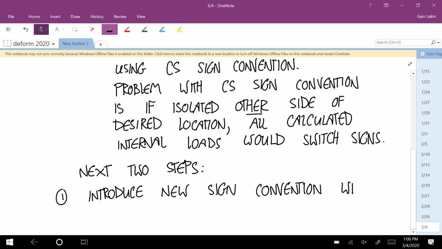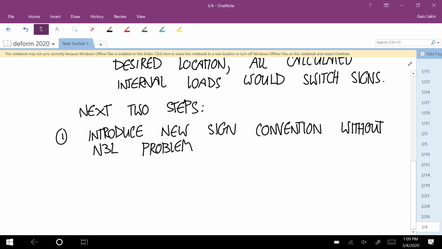That doesn't have that Newton's third law problem, the reason that you switch the signs if you switch which side you're isolating. And that's going to look like this. So when you think about isolating a point on the beam, you can think about it as being an infinitesimal sliver.